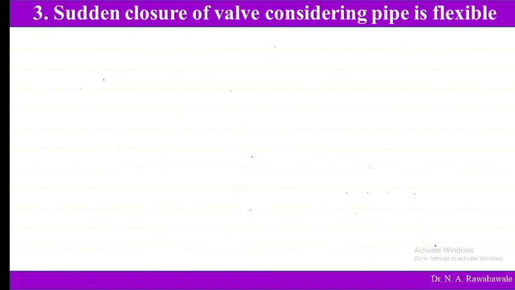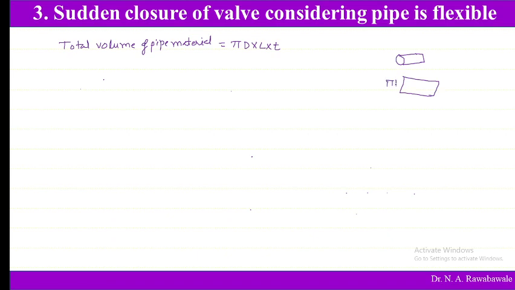If we know the complete volume of this pipe material, the total volume of pipe material is given by pi D, the circumference, into length L into thickness T. If we open this pipe, it can be a rectangle of width pi D and length L, having thickness T. So pi D is the width, L is the length, and T is the thickness. So the volume of pipe material we can obtain.